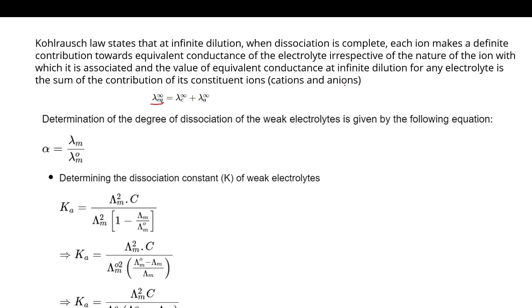If you know the molar conductivity of each cation and anion making up the whole electrolyte, then the equivalent conductance of that weak electrolyte will be the sum of the conductivities of each ion, that is of your cation and of your anion.